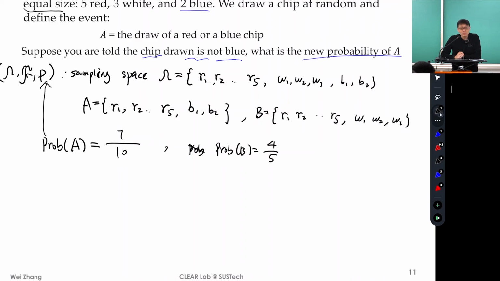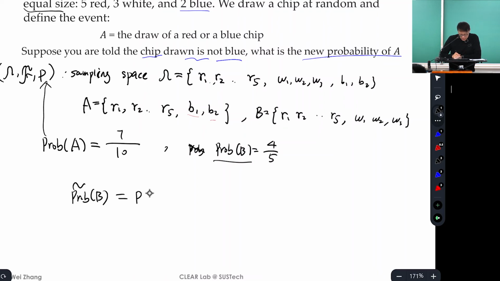Now I will ask you, if you are told B occurred, that means some part of A is not possible. You have to update your probability. So the probability will not be the original probability anymore. It will be a new probability.